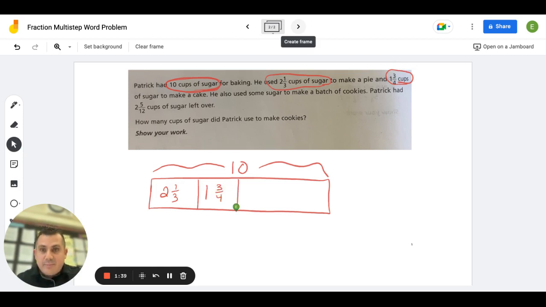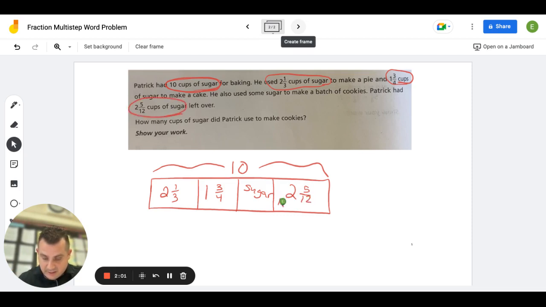He also used some sugar to make a batch of cookies. So this is going to be sugar, we don't know how much. And at the end, he had 2 5/12 cups of sugar left over.